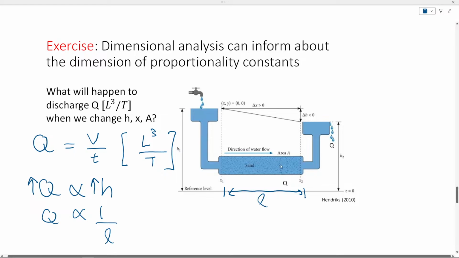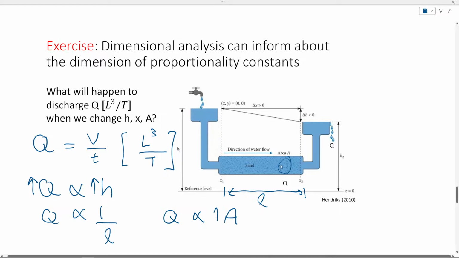What are the other factors that will control this Q? The other factor would be this area, this surface area here. If you have a big area, then you can pass more Q. If you have a small area, you will have less Q. So basically Q is proportional to the area.